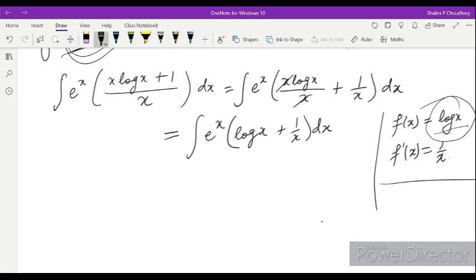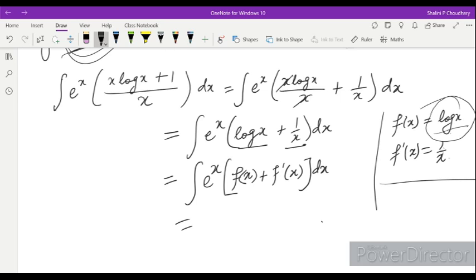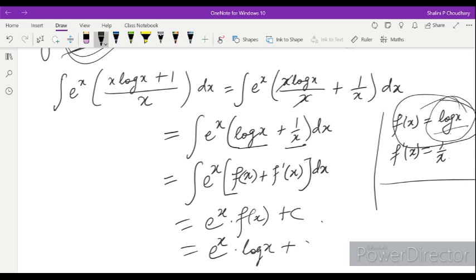So for e to the power x into f of x and f dash x, we get e to the power x into f of x. And what is the value of f of x? It is log of x. So the value we are getting is e to the power x into log of x plus c. This will be the value that we are getting here.